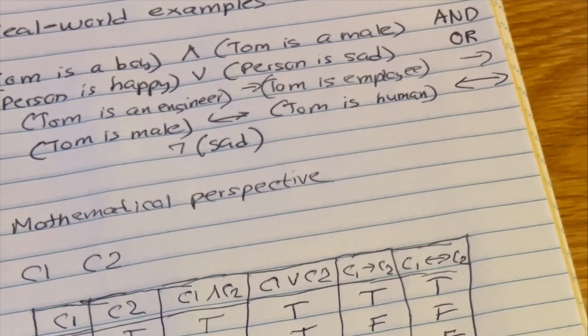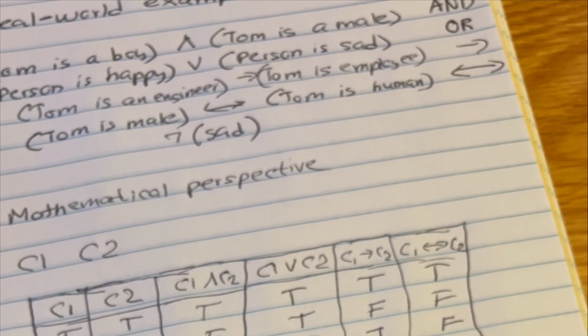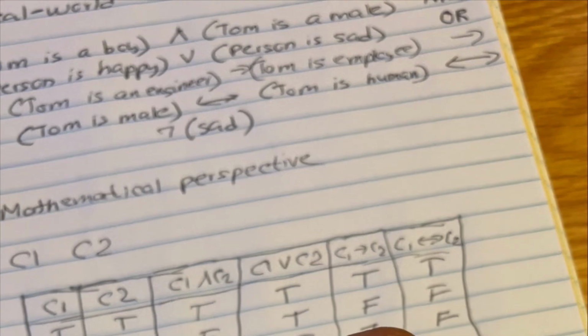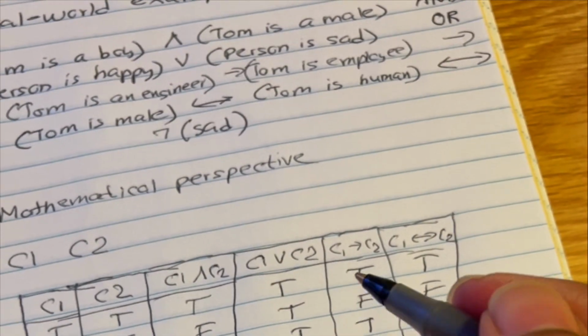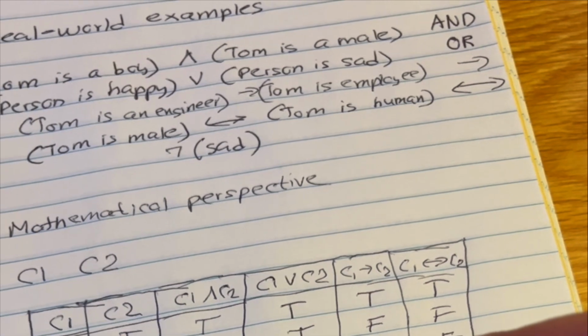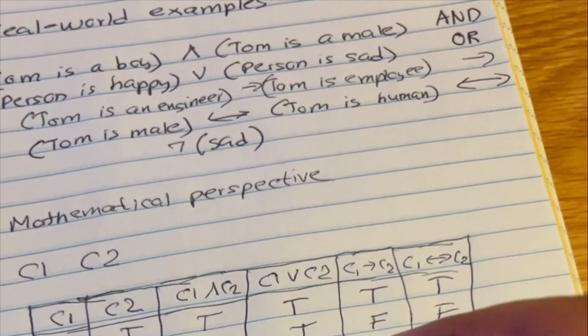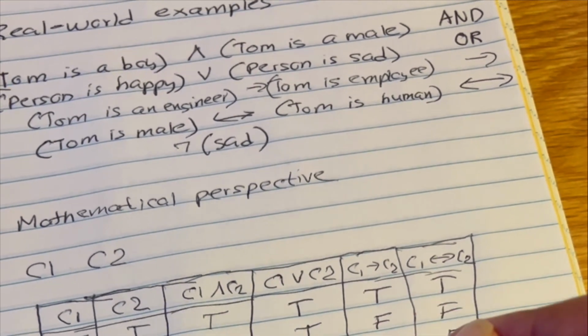Now, if you make both the values false, then false and false would evaluate to false, because both the values are false, it's ultimately false. And for false or false, you'd have false.